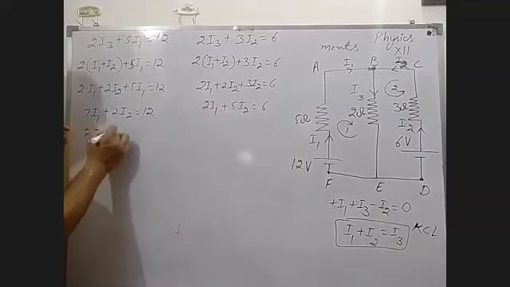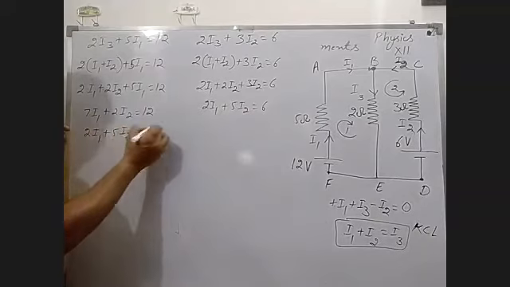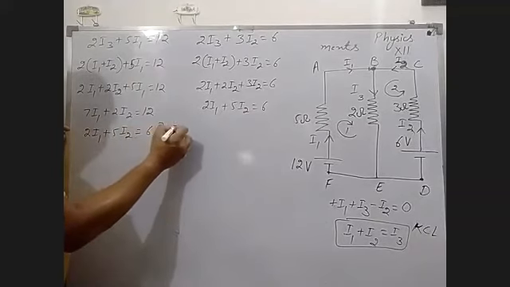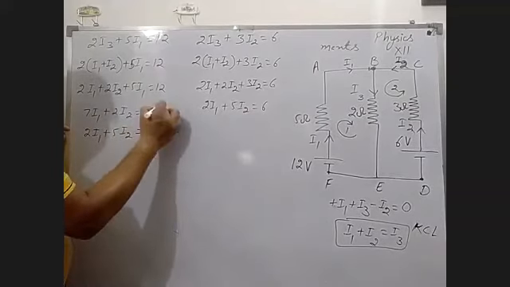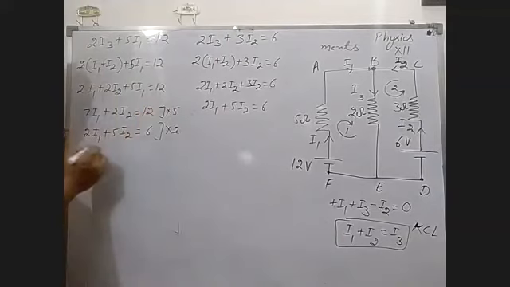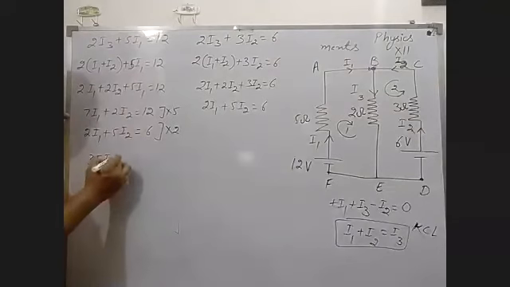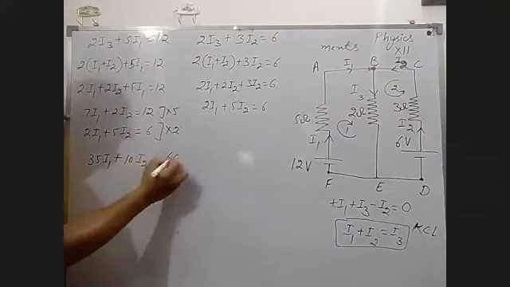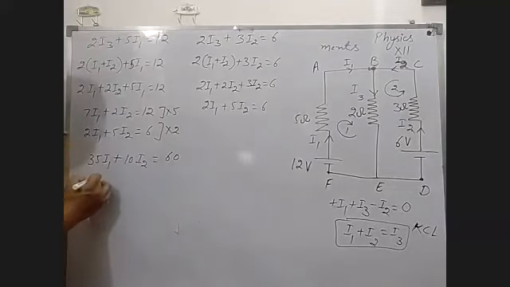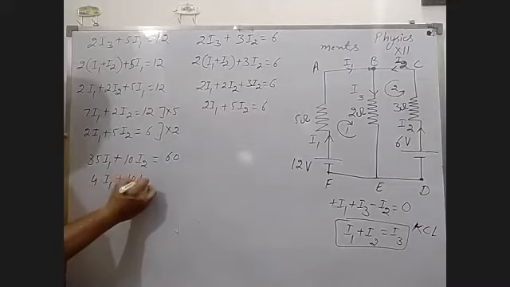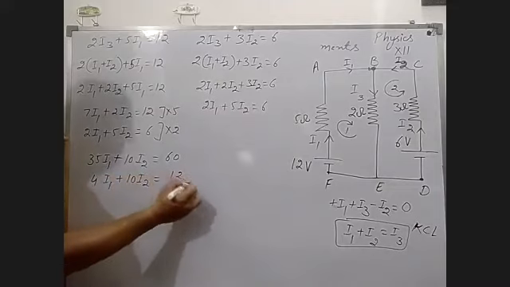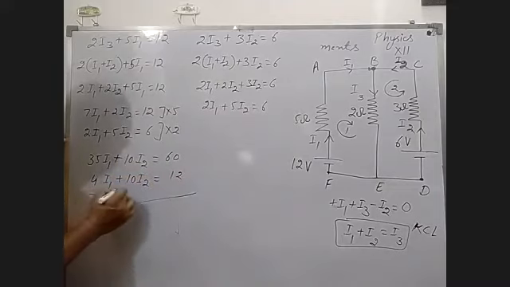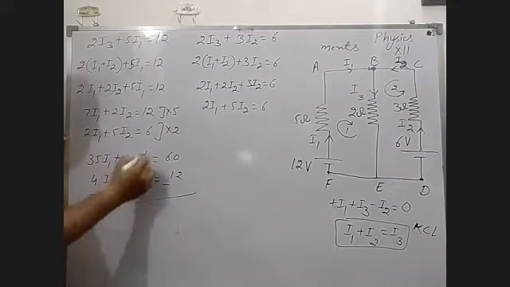2I1 plus 5I2 is equal to 6. Multiply it with 2 and multiply it with 5. Now above equation become 35I1 plus 10I2 is equal to 60, and this one is 4I1 plus 10I2 is equal to 12. Now change sign of all these.